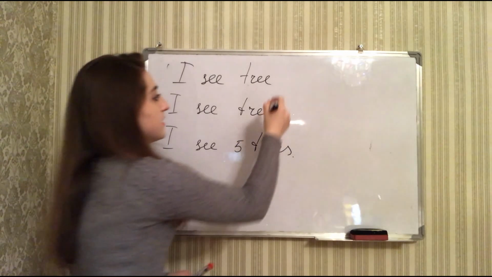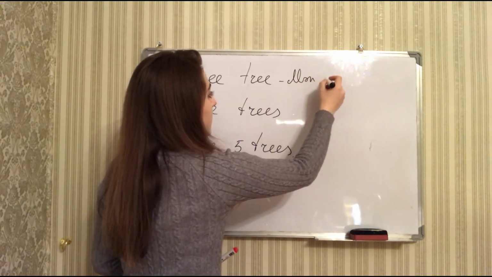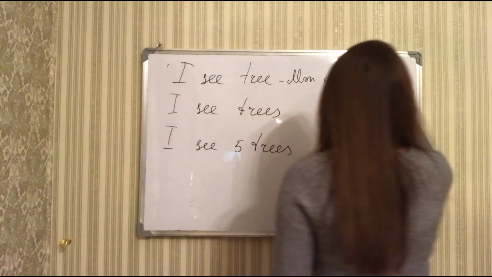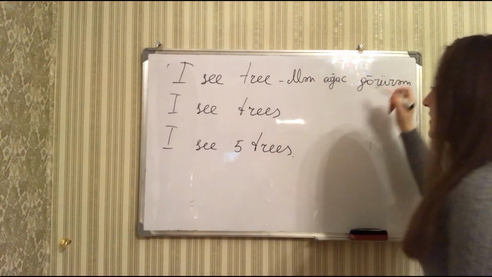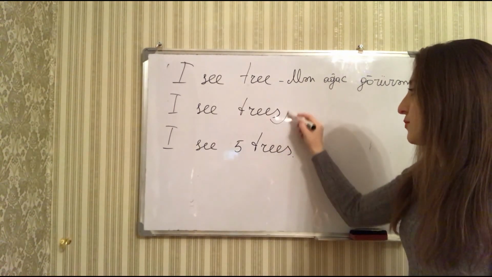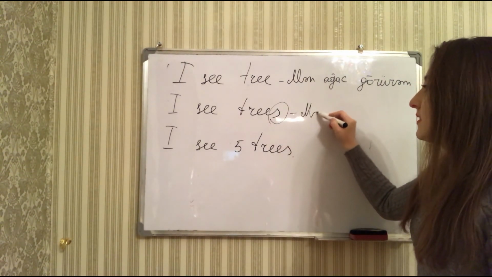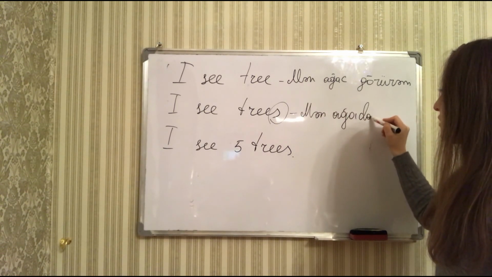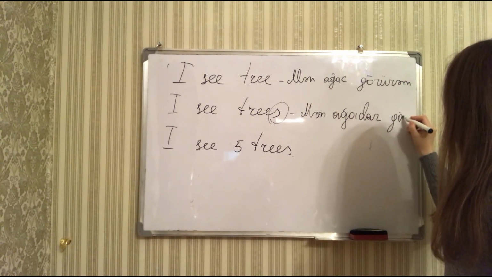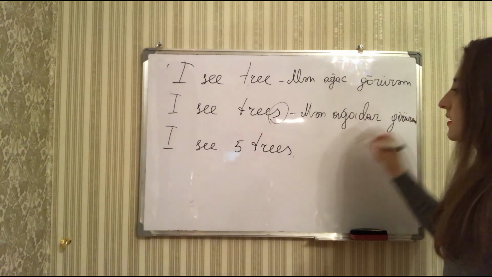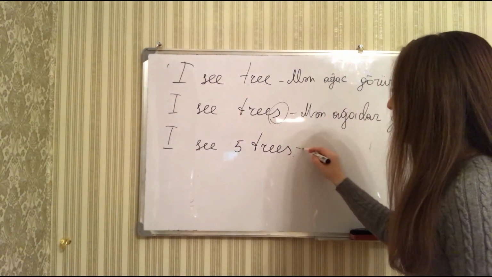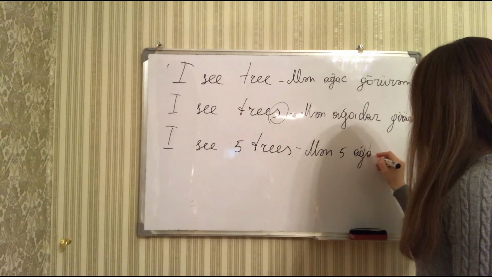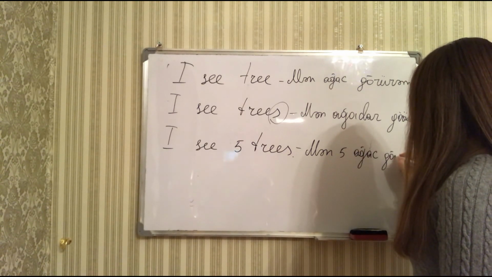I see tree, men ağaç görürüm. I see trees, it is plural form. Men ağaçlar görürüm. I see 5 trees. Men 5 ağaç görürüm.